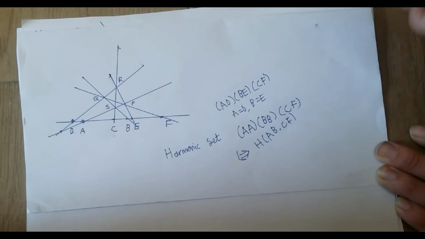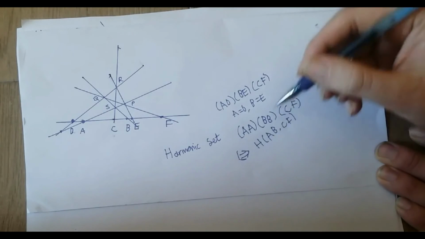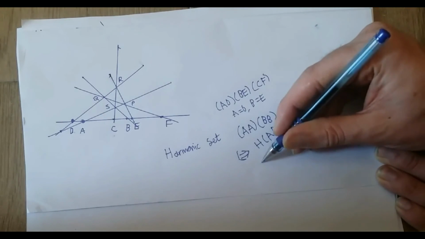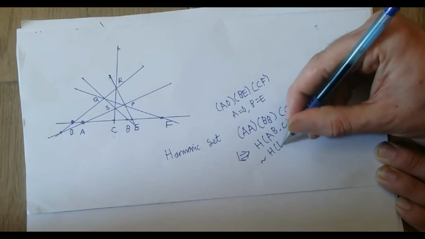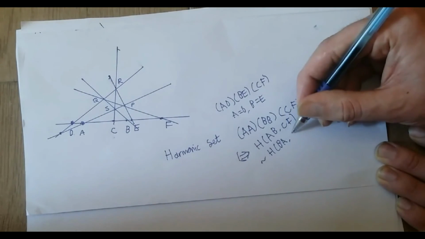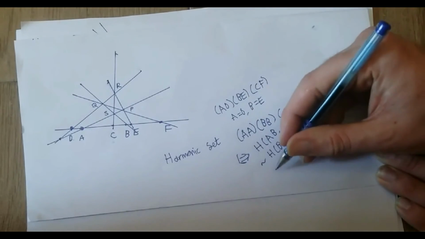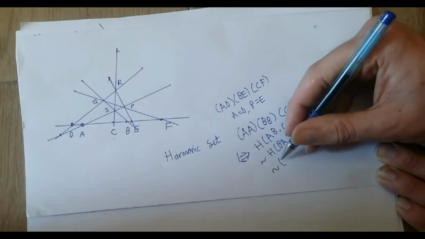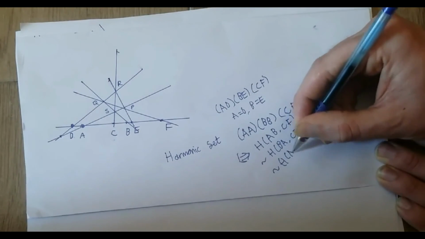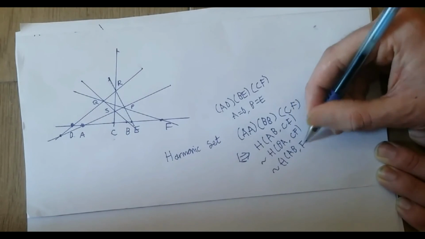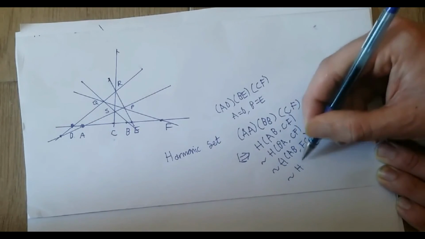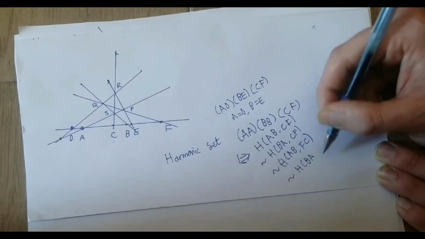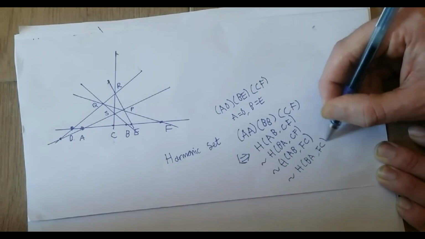Because of the things I was saying about permutations of quadrangular sets being equivalent before, we know already that this is in fact equivalent to writing H(BA, CF), and it's also equivalent to writing H(AB, FC), and just for completion H(BA, FC), obviously.